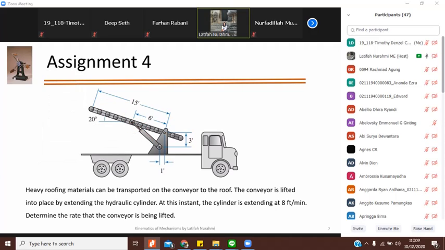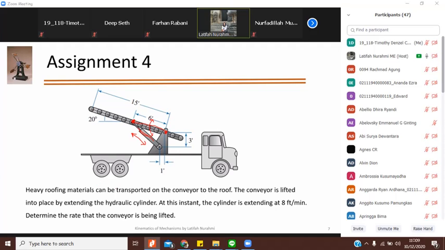This slider, or the piston and cylinder, can be extended and retracted. But the link here cannot be extended or retracted. I was wrong before. It can only rotate.